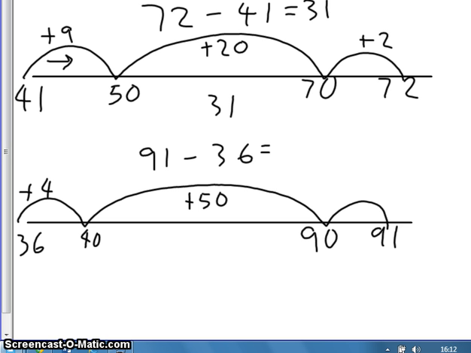Of course, that would be counted by your center dot to be 40, 50, 60, 70, 80, 90. That's 5 tens is 50. And the last one here is plus 1. Altogether, I have 50 and 4 and 1, or 1 and 4 and 50, whichever you want to do, makes 55. And the answer here is 55.